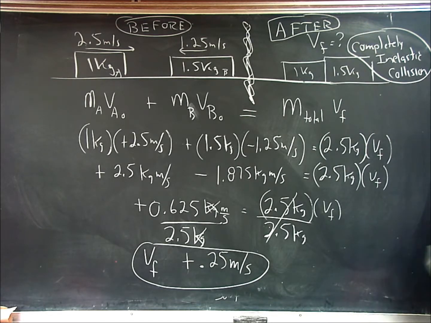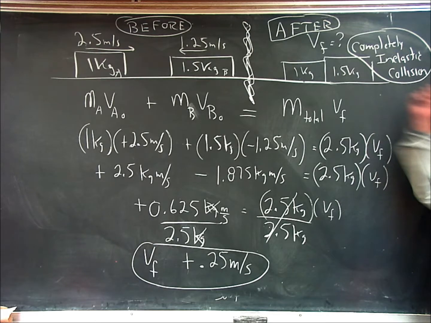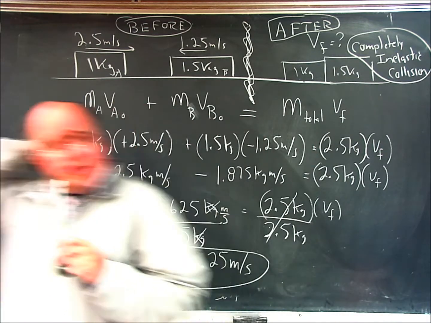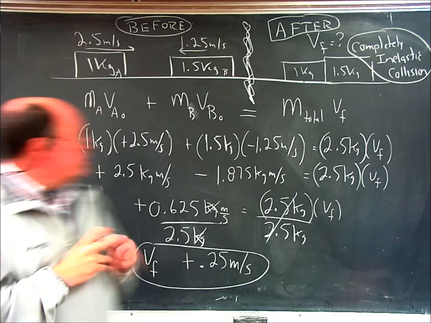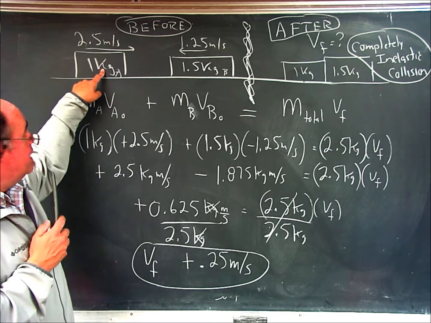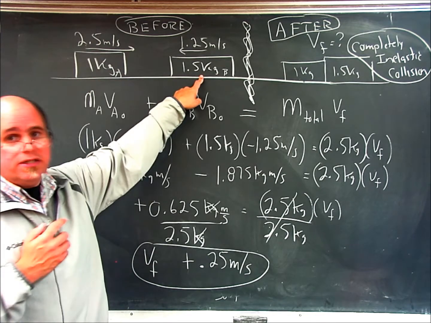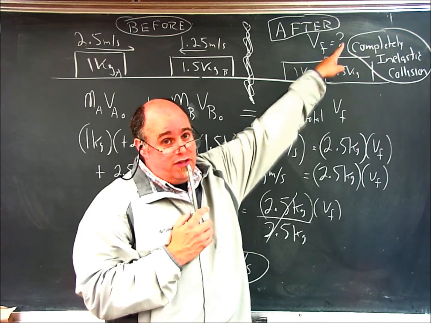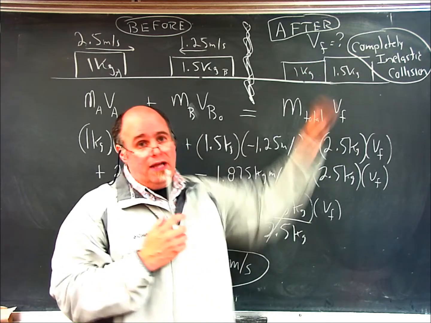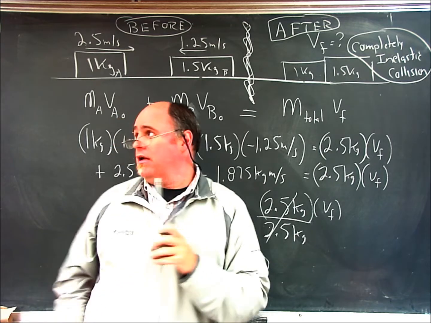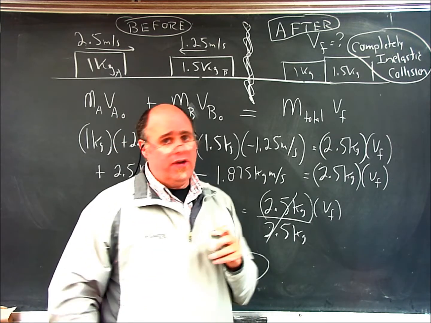So what do those words mean, a completely inelastic collision? Well, it's a type of collision where you're going to lose some energy. If you were to check the energy of this whole system, this piece is moving, so it has some kinetic energy. This piece is moving, so it has some kinetic energy. And this piece is moving now; we just figured out its final velocity. Whenever they say it's an inelastic collision, we have lost some of our kinetic energy.